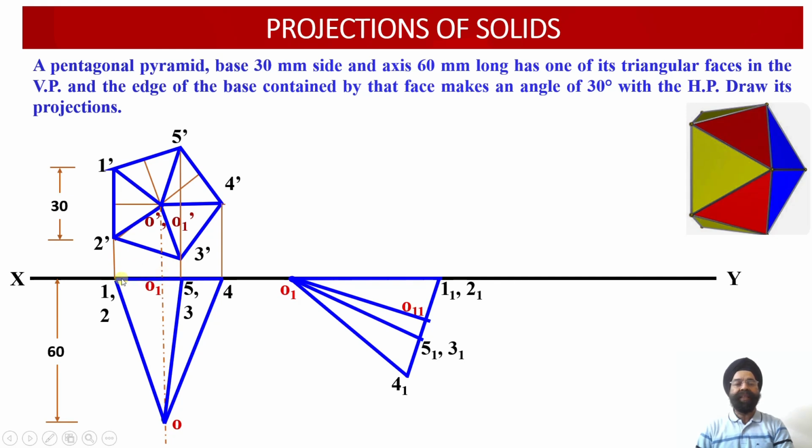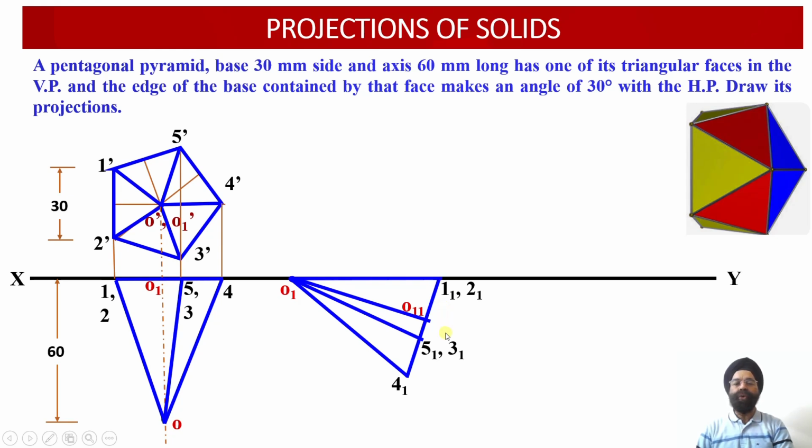Similarly, if we mark this distance between 1, 2 and 5, 3 over here, the points 5, 1 and 3, 1 can be located. Same way, now we can darken all the edges over here. So this way, the top view projection of the pyramid has been rotated or reoriented in such a way that one of the faces of this pentagonal pyramid is contained by the vertical plane.